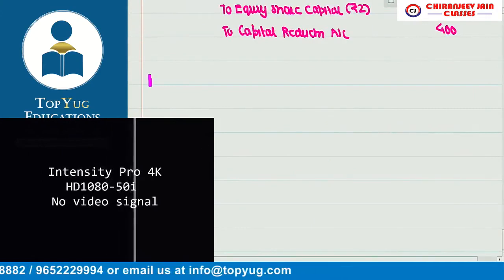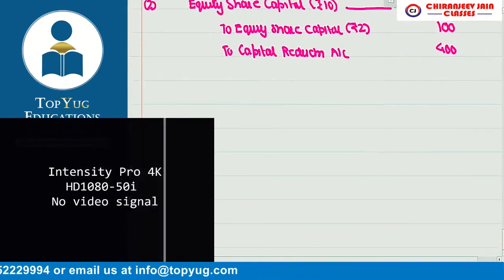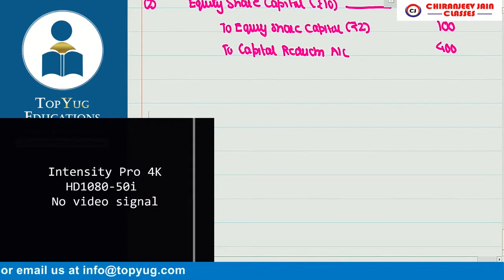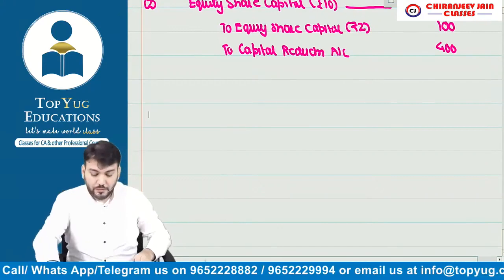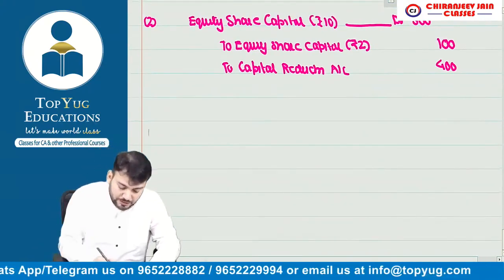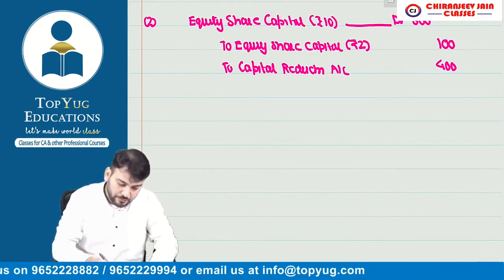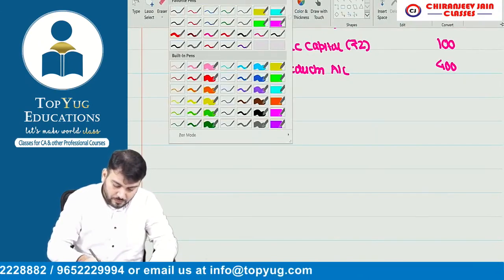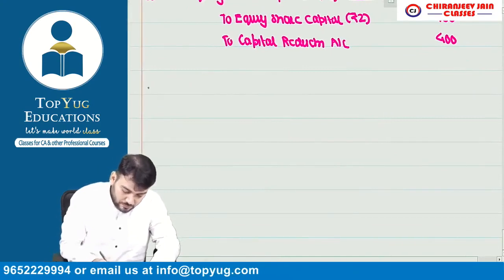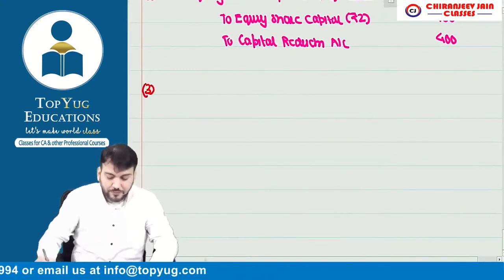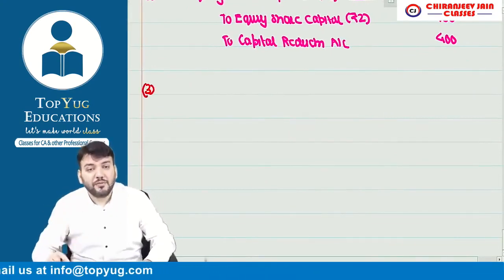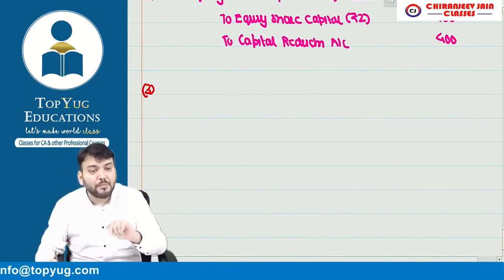So what journal entry will we check? Point number 3. Let's write down point number 3. What is the journal entry for settlement of contingent liability?